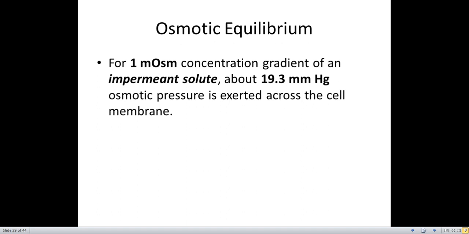So keep in mind, for 1 milliosmol concentration gradient of an impermeant solute, about 19.3 millimeters of mercury osmotic pressure is exerted across the cell membrane.